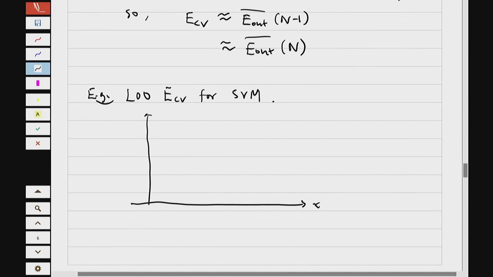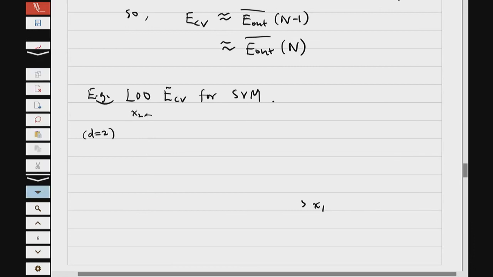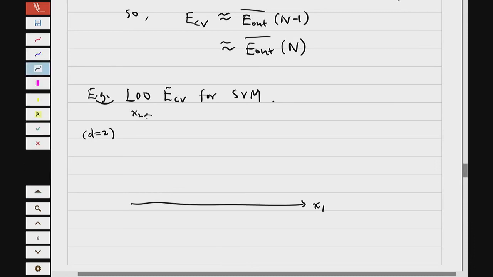Let's see. So again, let's look at a two-dimensional space. Our previous example. Let me erase it. Oh, boy. I want to leave a little bit of a gap so that it doesn't quite look like a plus there. Same example that we have seen before.